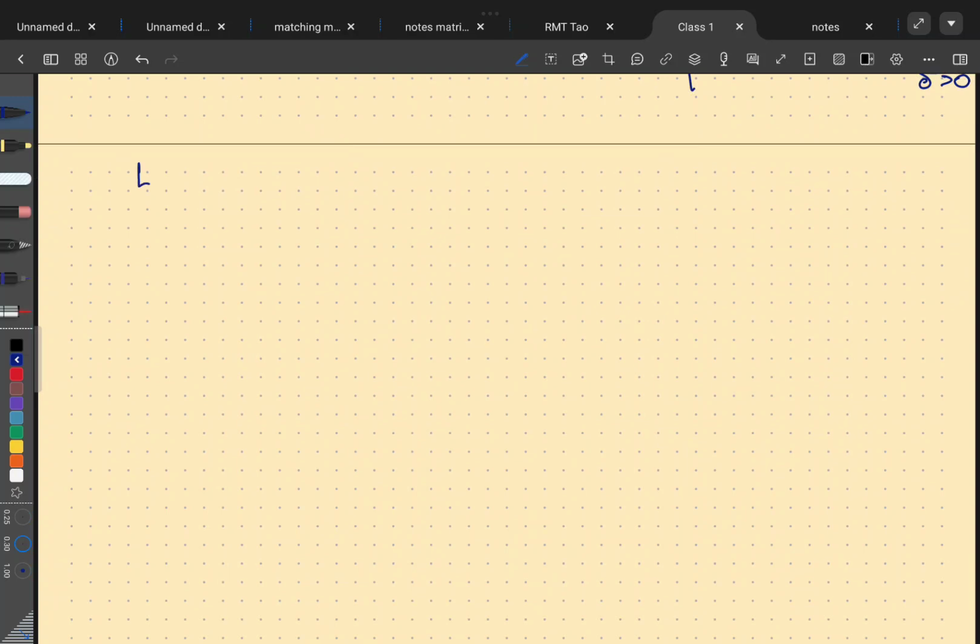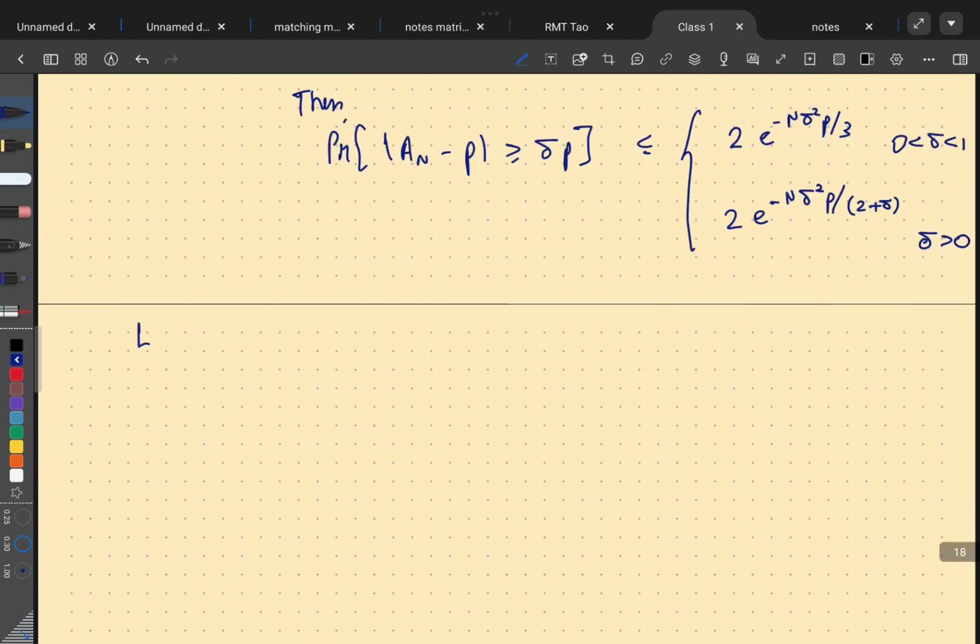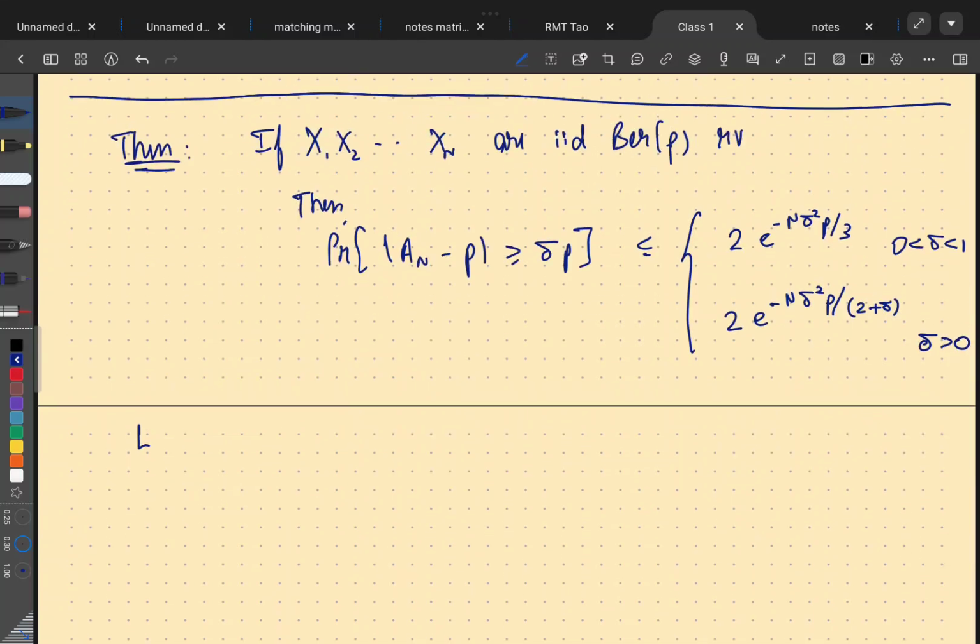Why did we do delta p? I could have just had delta, but this particular form is useful because it tells us about the probability that An is greater than or equal to p times 1 plus delta. Right now this is true for any p.